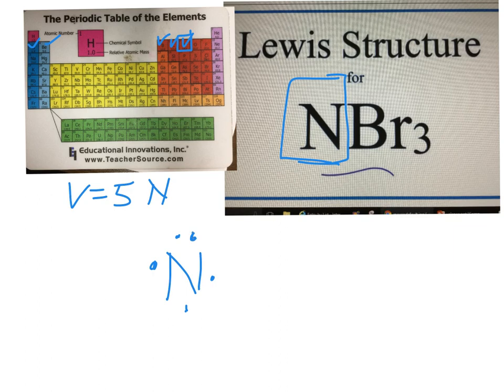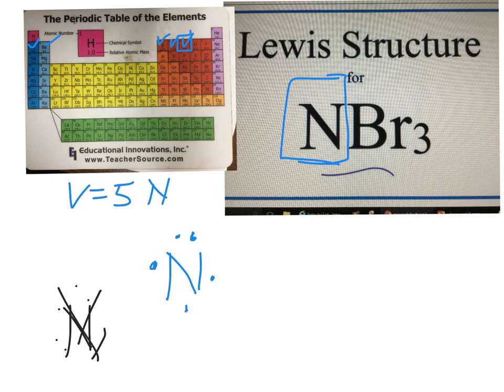Now, keep in mind that you can only have 2 dots per side. You can have paired electrons like here, or unpaired like here.